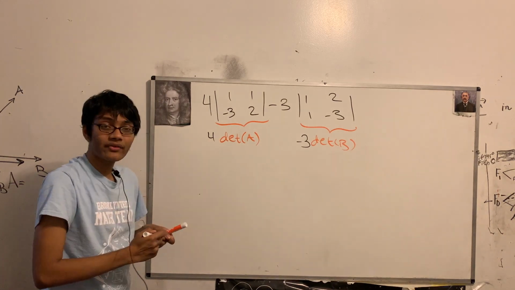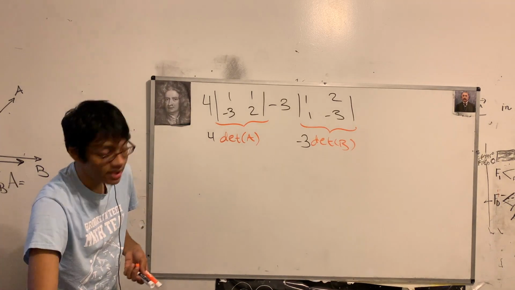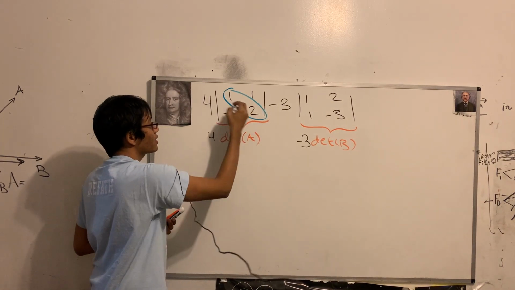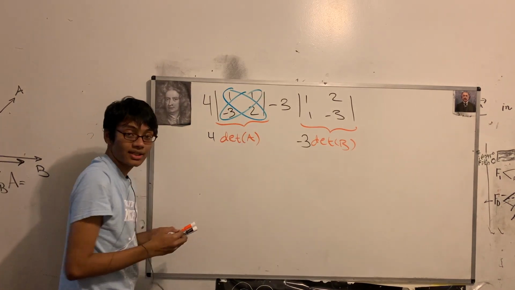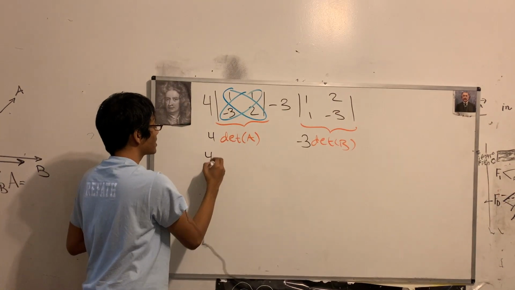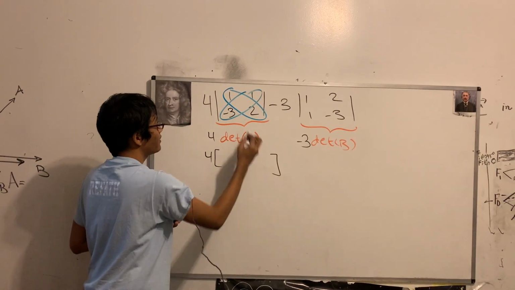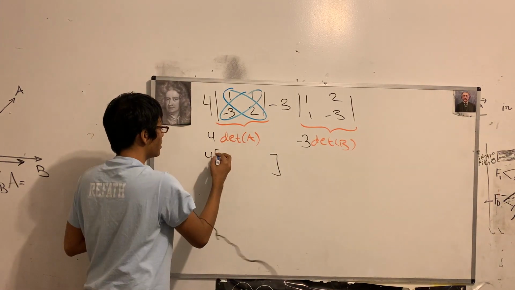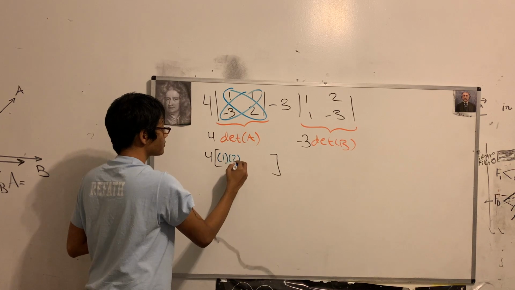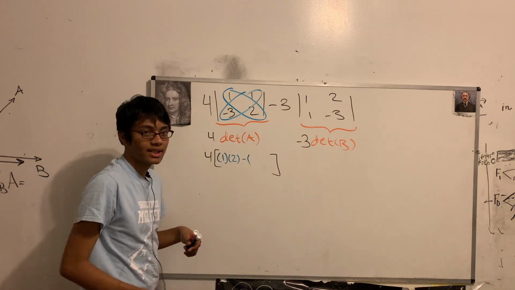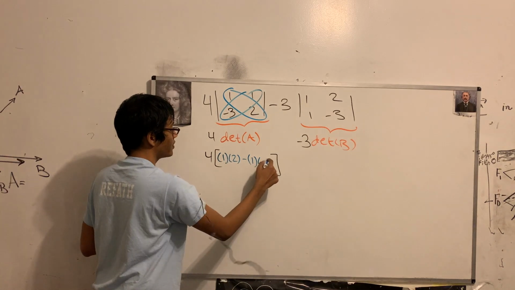So how are we going to find the determinant of our first matrix? Well, it's not too bad. You find the product of both diagonals and find the difference in those products. So what is that difference going to be? If I find the product of the first diagonal, that's going to be 1 times 2, minus the product of the second diagonal, which is going to be 1 times -3.